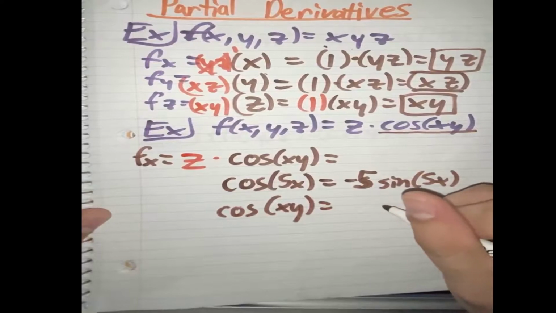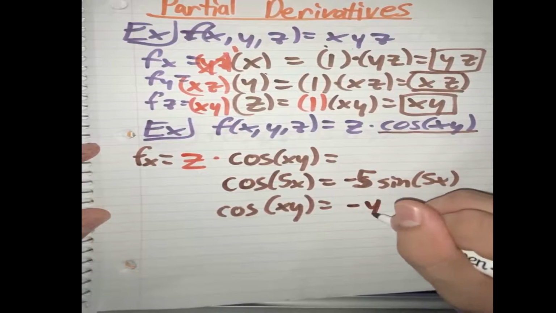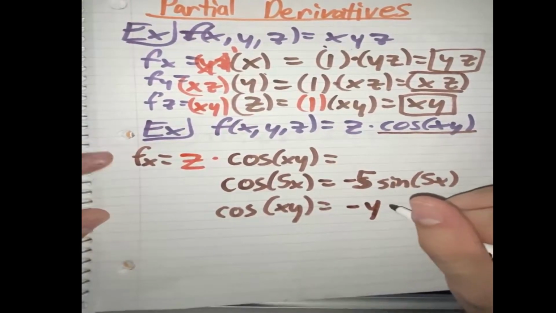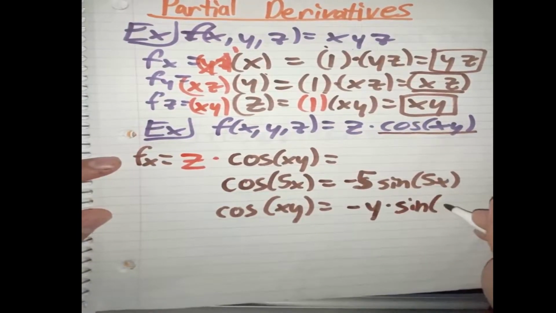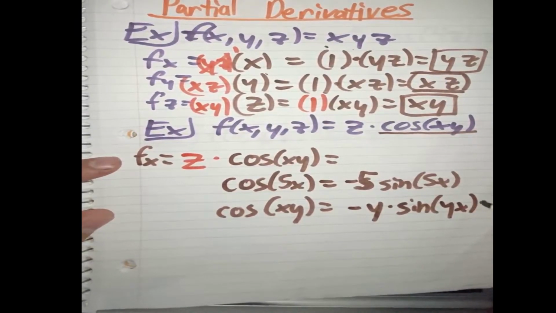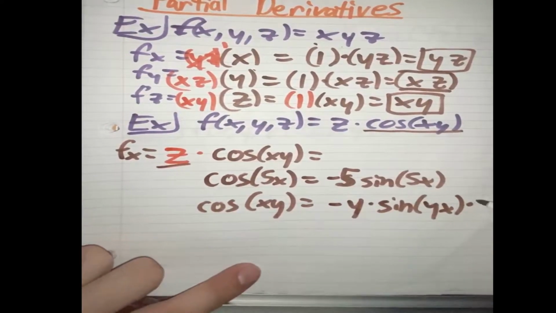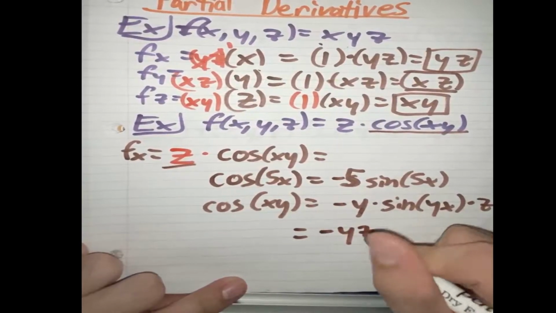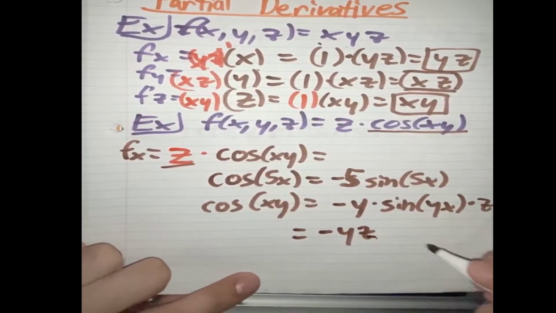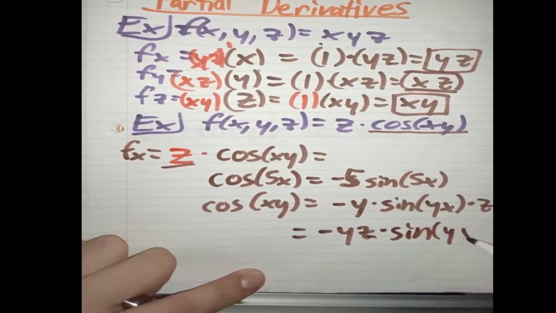It'd be equal to negative y, because y is our constant, times sine of x times y. And then this is all being multiplied by a constant, so we include it in our answer as well. To present this answer more properly, the partial derivative with respect to x is equal to negative y times z times sine of yx.